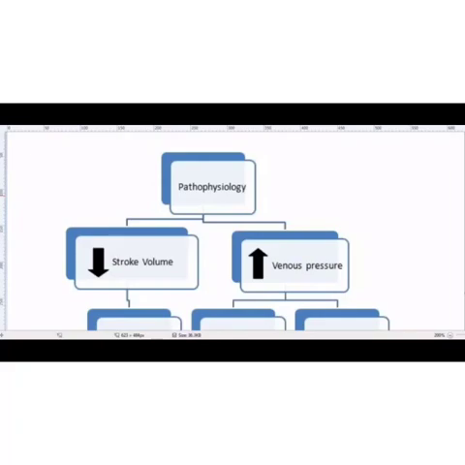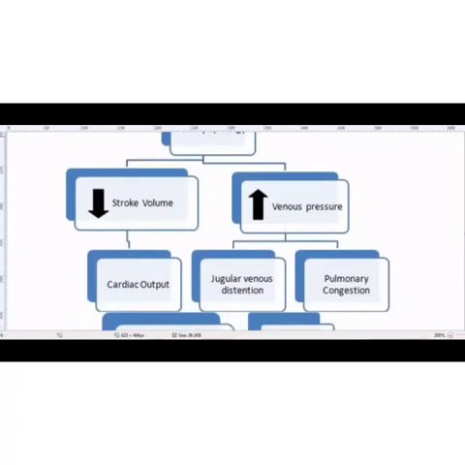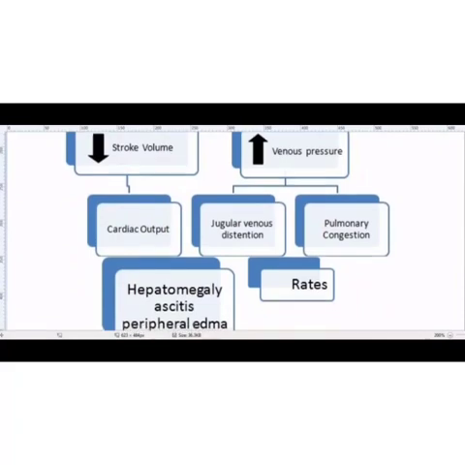Due to this, it results in decreased stroke volume, which leads to decreased cardiac output. Then it leads to hypotension, shock reflex, and tachycardia.